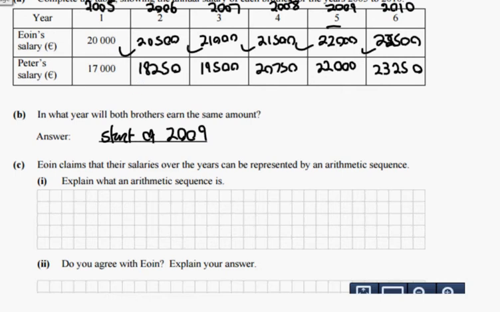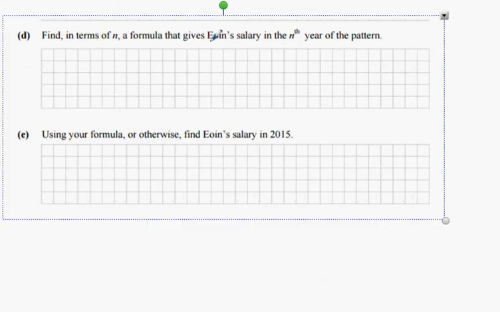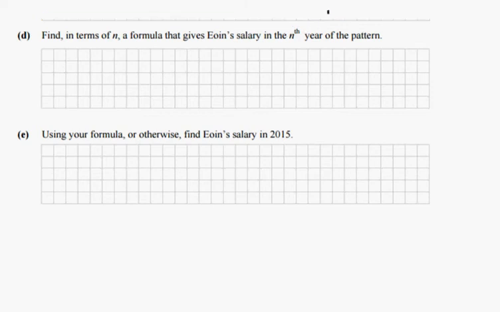Okay, moving on. Find, in terms of n, the formula that gives Owen's salary in the nth year. What does that mean, the language of that? Does that mean everything we earn together or just for one year? What do you think it means?